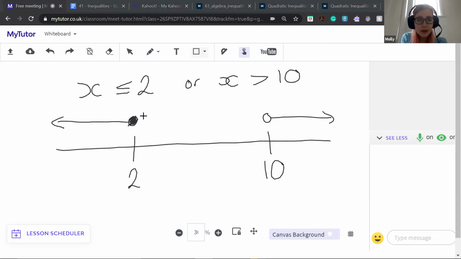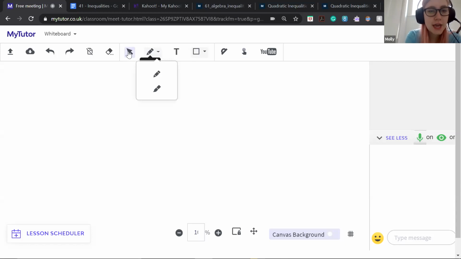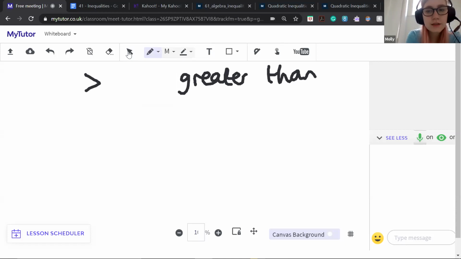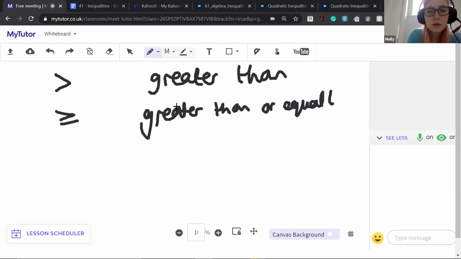Someone's asked for a key. Yeah, that's a good idea actually. So just key bits of terminology today. So this is greater than. So whatever's on the left is greater than that on the right. That's greater than or equal to. And the same with the less thans.